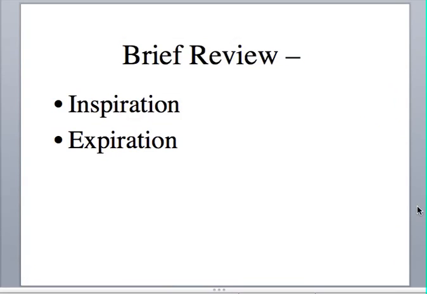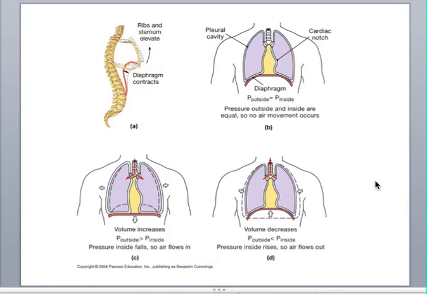So just a quick review: inspiration and expiration. This is showing you what happens during inspiration, and it's showing you that your diaphragm is going to contract, your sternum is going to elevate, and the volume of your lung is going to increase.